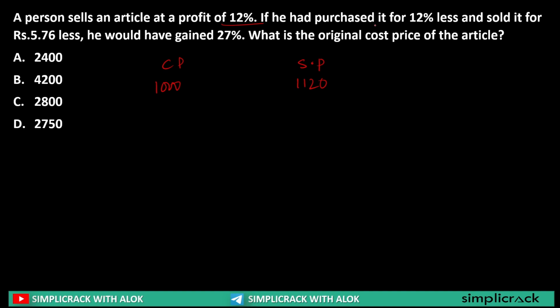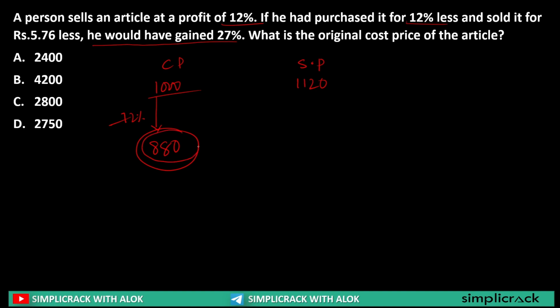Now if he had purchased it at 12% less, that means I have to deduct 12% out of 1000, it will be cost price. So my cost price is this much. Now he would have gained 27% if he had sold it at 12% less.